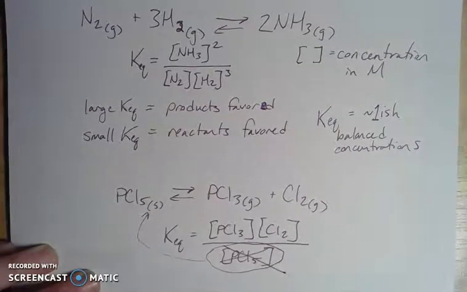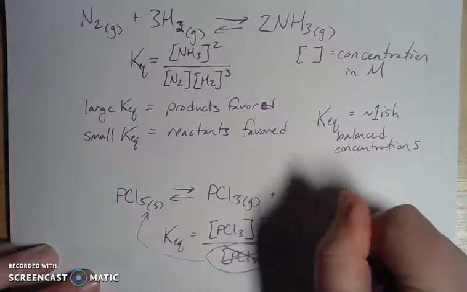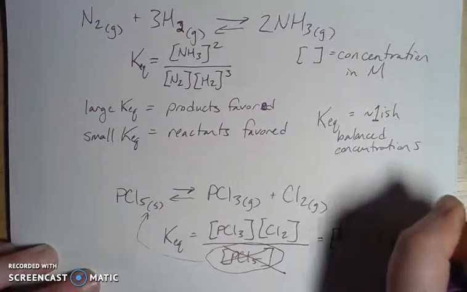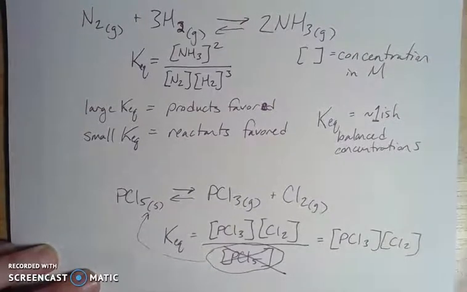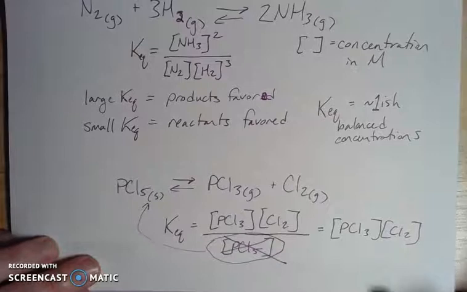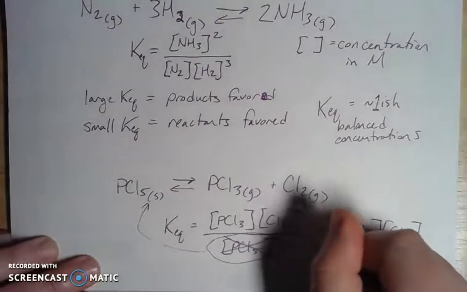So I'm only going to include things in my equilibrium constant expressions that I can talk about the concentrations of. Otherwise, it just doesn't make sense, or I'm just multiplying by 1, so it doesn't really matter anyway, right? I can talk about the concentrations of gases. I can talk about the concentration of aqueous solutions, because that's how I measure them. But I'm not going to include pure solids or pure liquids.